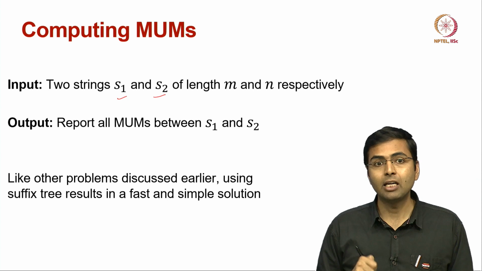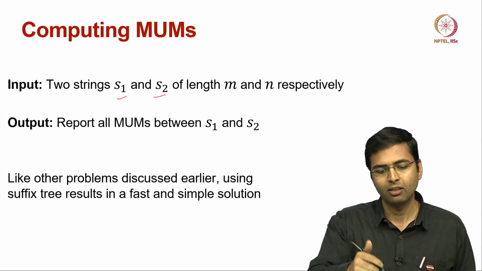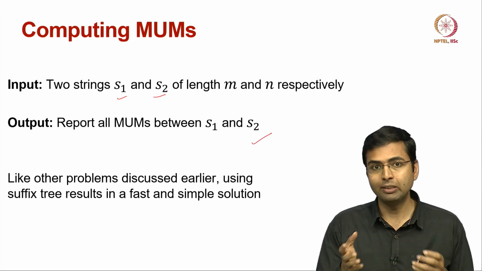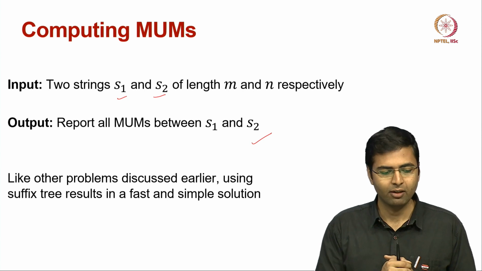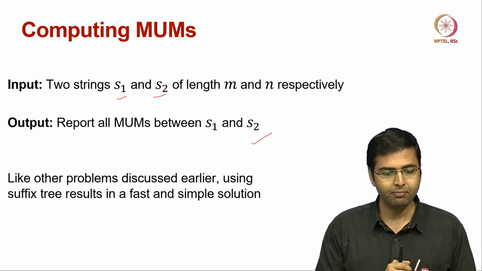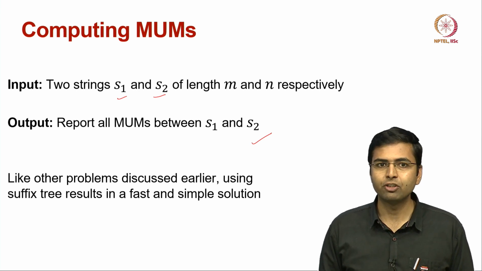As with other problems discussed in the previous lectures, using suffix trees will give us a fast and simple solution. In fact, I encourage you to pause this video and try to solve this problem yourself using suffix trees. Okay, so let us look at how we can use suffix trees to solve this problem.